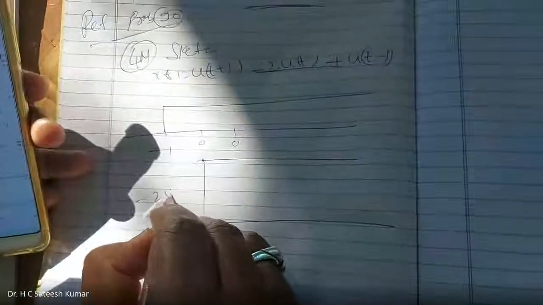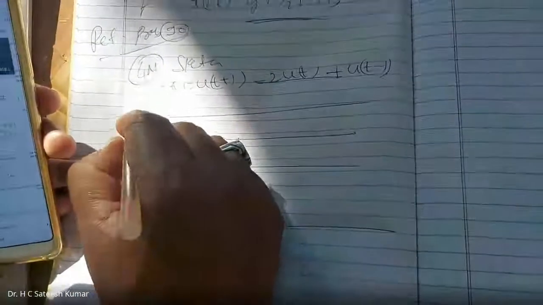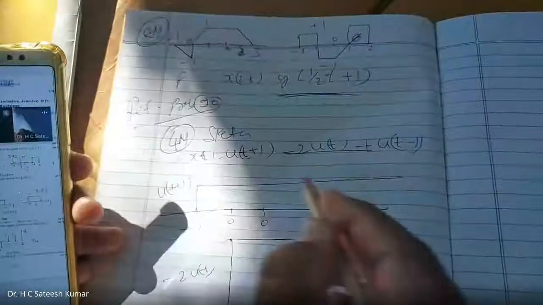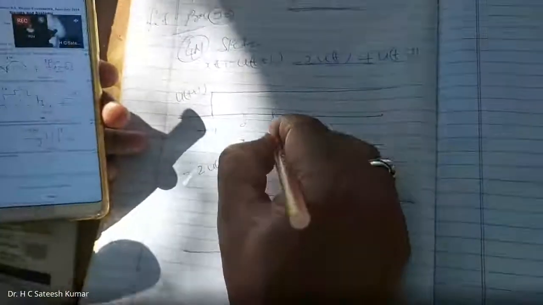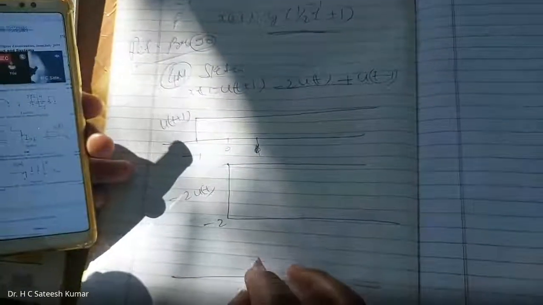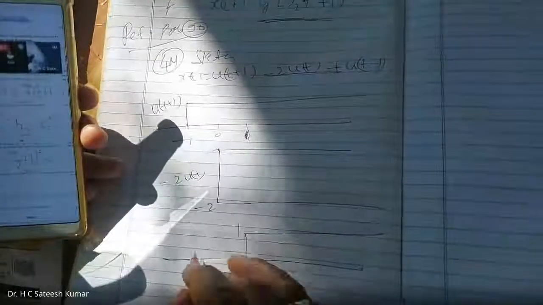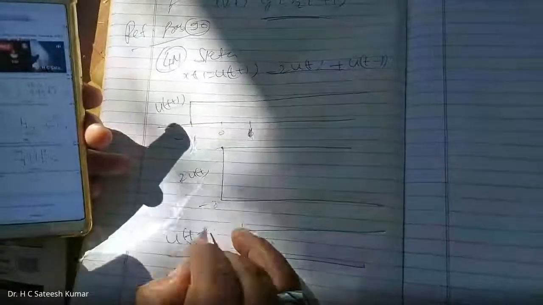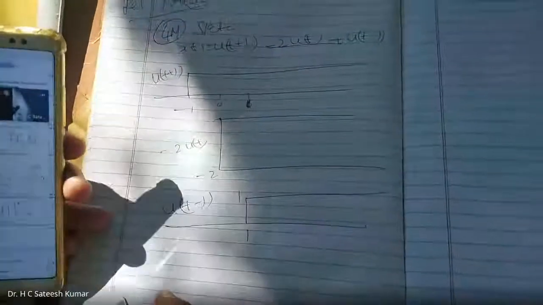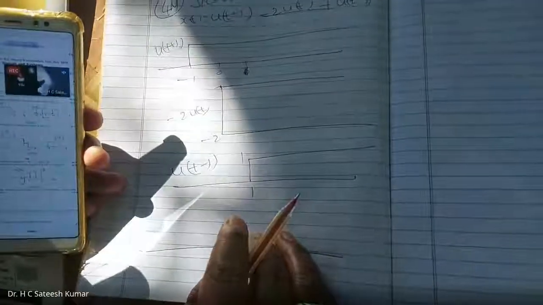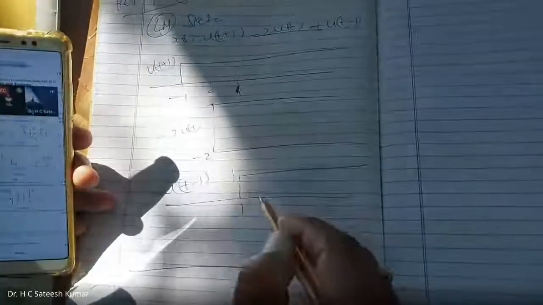This is -2 u of t. This is u of t plus 1. And u of t minus 1 starts from 1, from 1 to infinity. This is u of t minus 1.